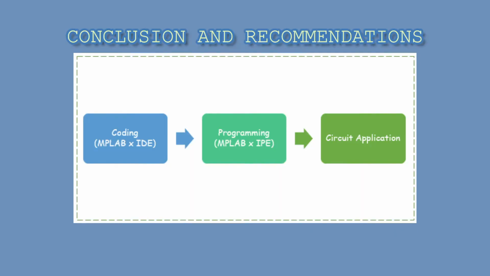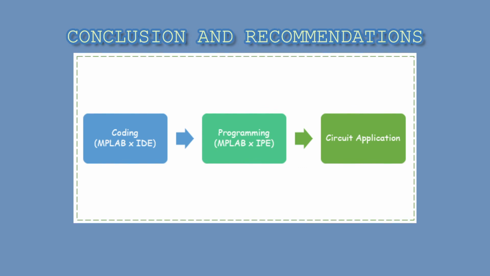These are the conclusions and recommendations for this experiment. As observed from the procedure, this is the flow of process on which the experiment is performed. First, coding is performed using MPLAB XIDE, wherein you designate what type of output or input you're going to program on your microcontroller. Next is programming.